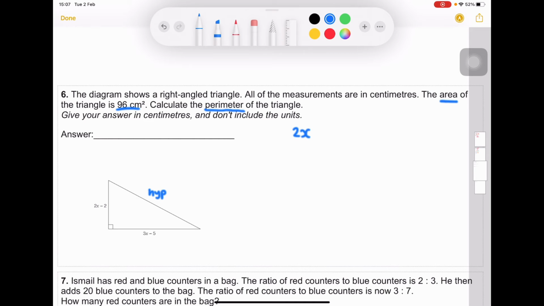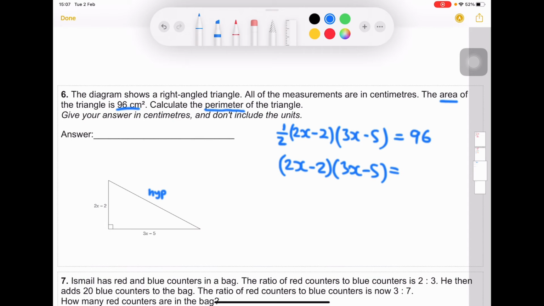So 2x take away 2 multiplied by 3x minus 5 multiplied by a half equals 96. So 2x take away 2. Multiply 2 to both sides. We get 208.